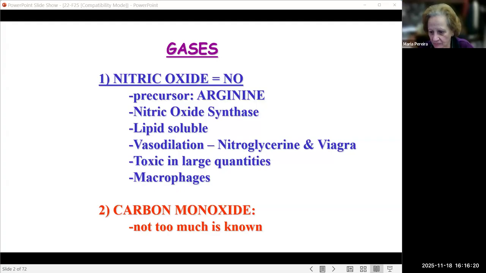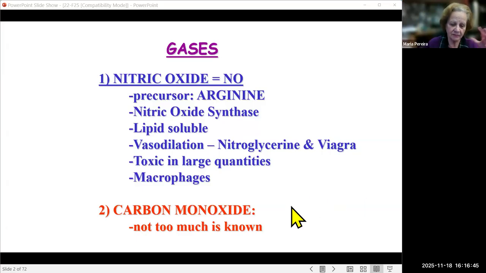Oh, how much carbon monoxide is considered toxic? Okay, I don't know exactly in volume, but you know that if you're stuck in the car and the car is working, the motor is on, it releases carbon monoxide and the person can die, right?